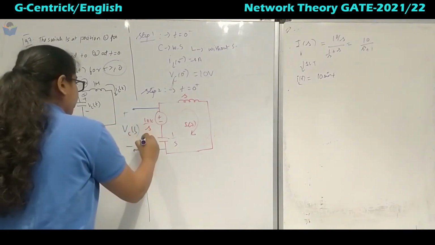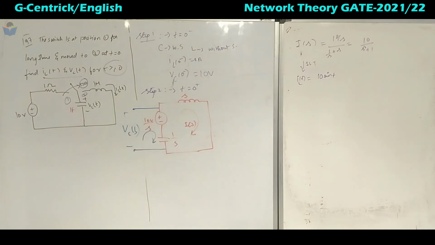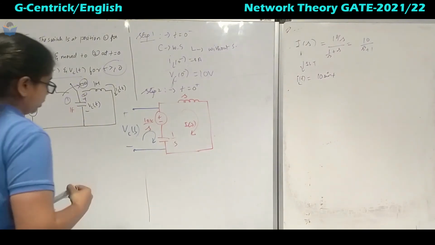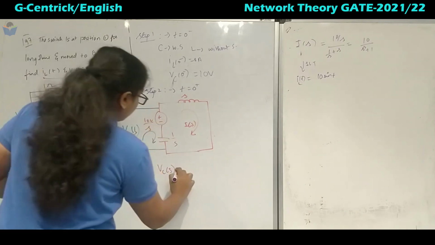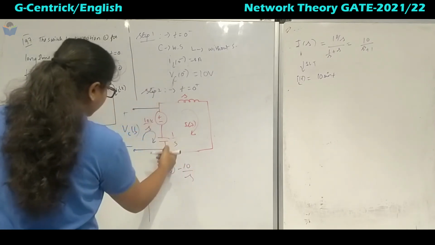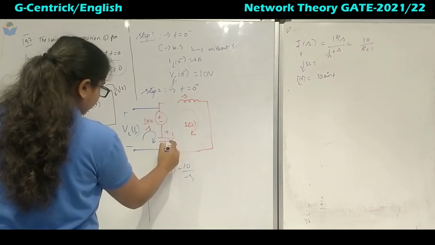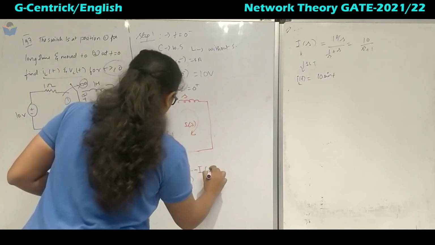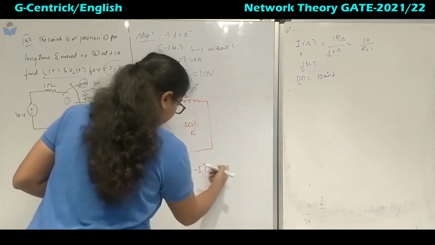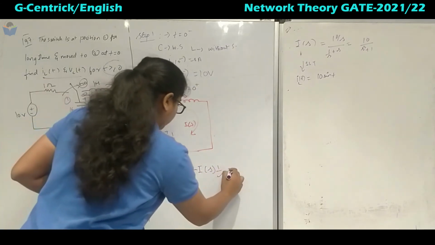If you apply KVL in this loop, plus VC of S, minus 10 over S, and when the current is flowing like this, minus I of S divided by 1 over S, equal to 0.